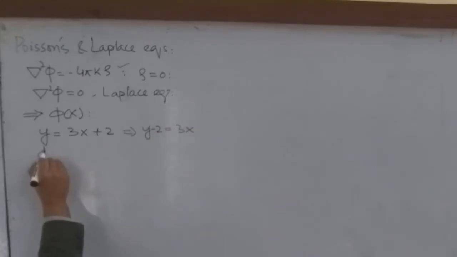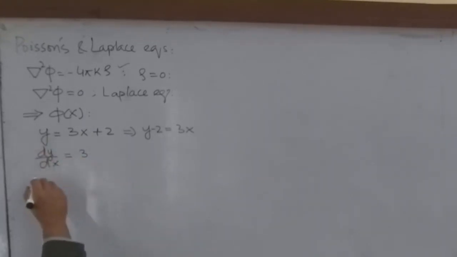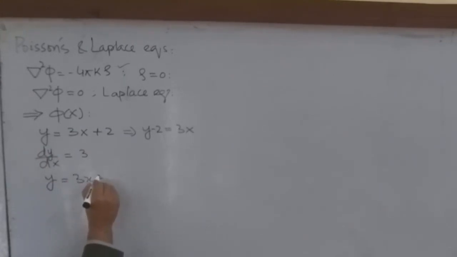But if I find dy by dx, I will get 3. And if I have another equation, y equals 3x plus 10, for example, and I find its derivative dy over dx, this is also equal to 3.